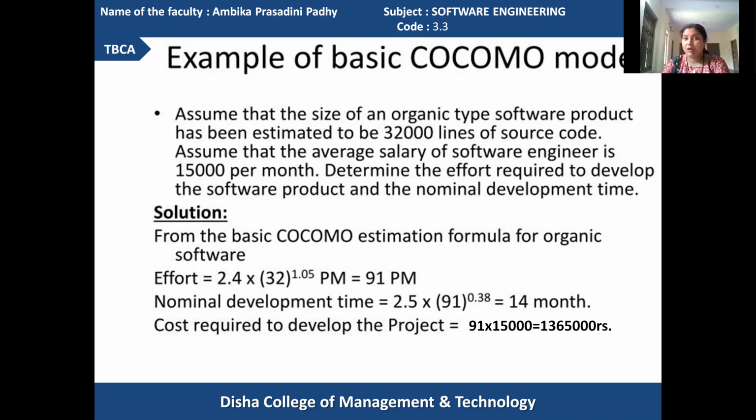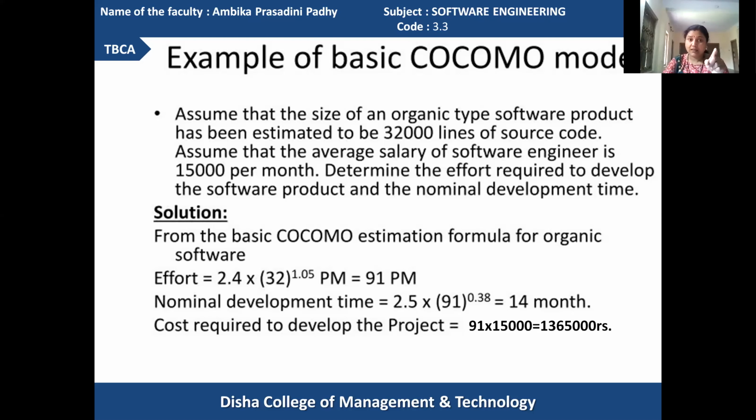The average salary of a software engineer to be paid per month is 15,000. Based upon that, we can calculate the effort required, the size required, and accordingly the cost can also be identified.